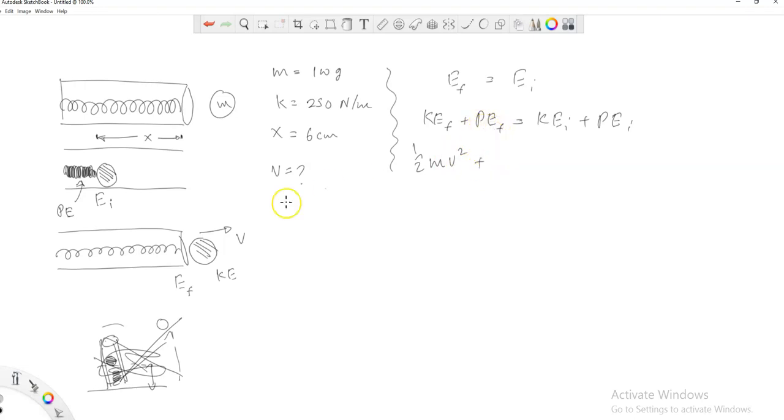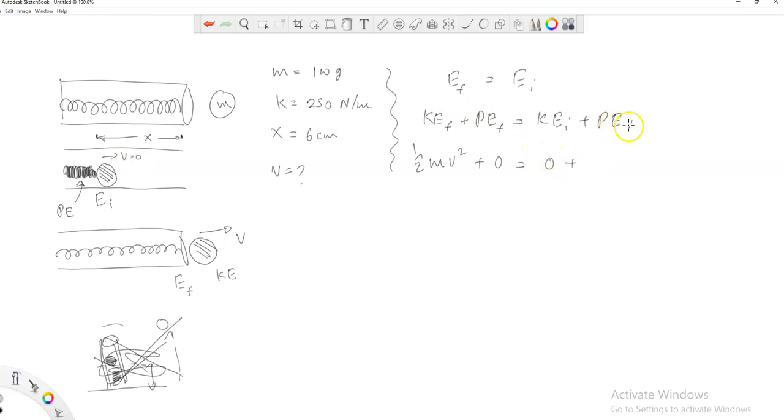Potential energy final: the elastic potential energy we are talking about, the spring has lost all its energy. By the time it comes back to the original length, all the potential energy has transferred into kinetic energy. So potential energy final is 0. Kinetic energy initial, over here, this is our initial system, right? This thing wasn't moving, so it doesn't have any.